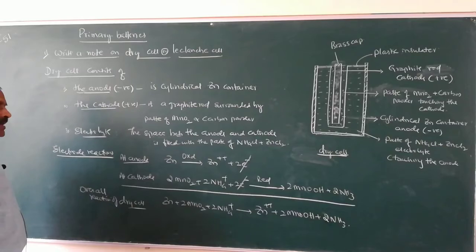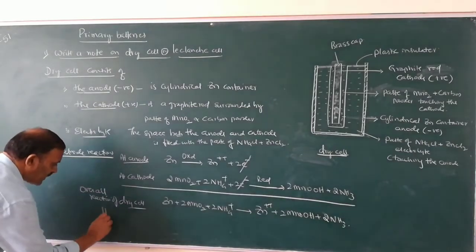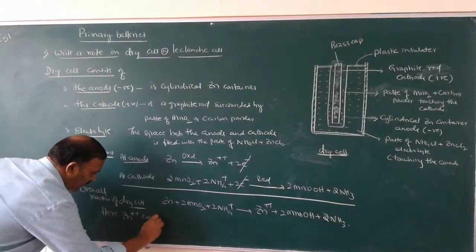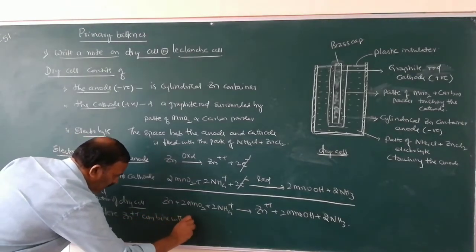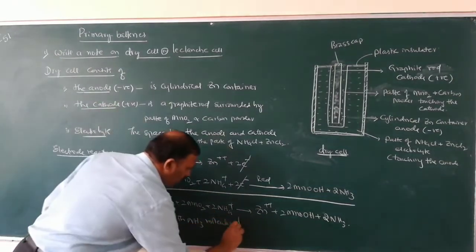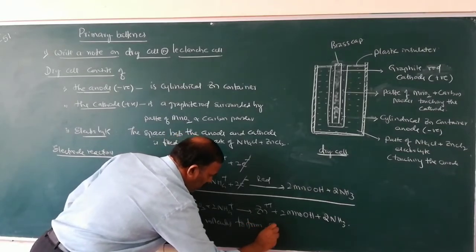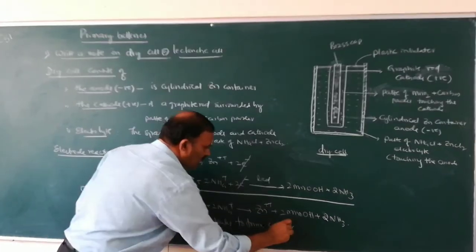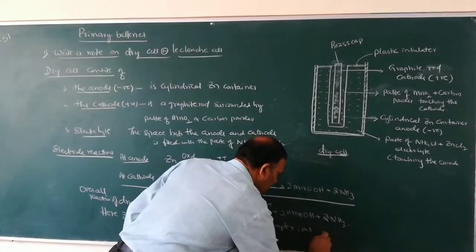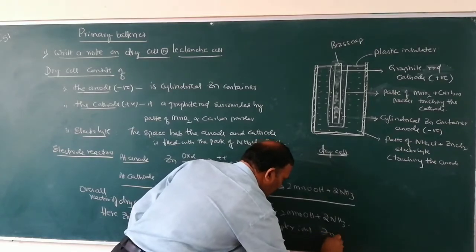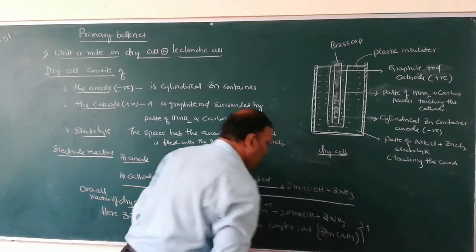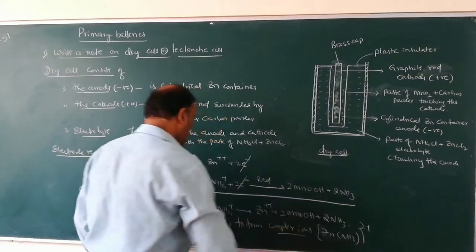So here zinc ions combine with ammonia molecules to form complex ions, namely Zn(NH3)2 2+. So these are the complex ions.